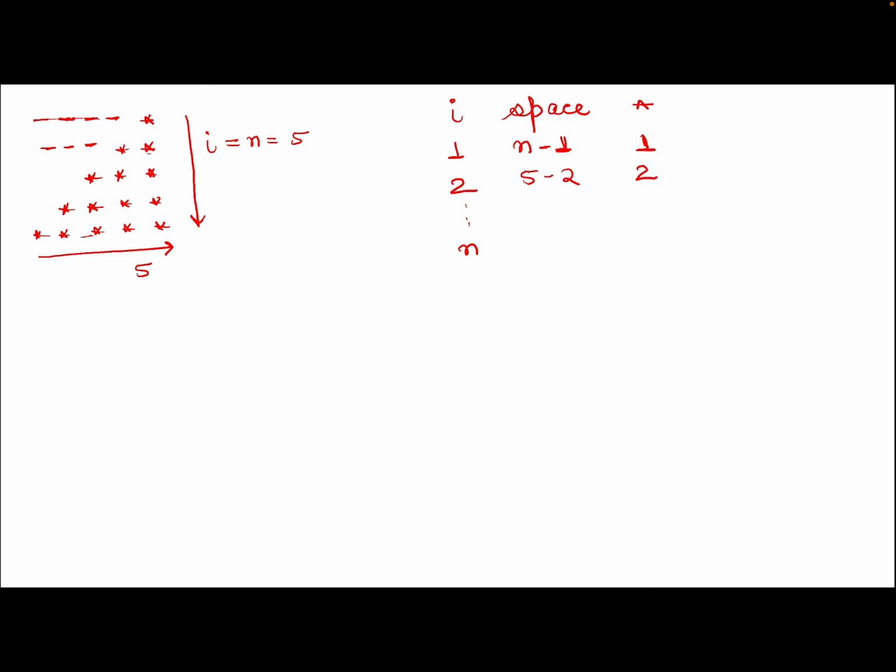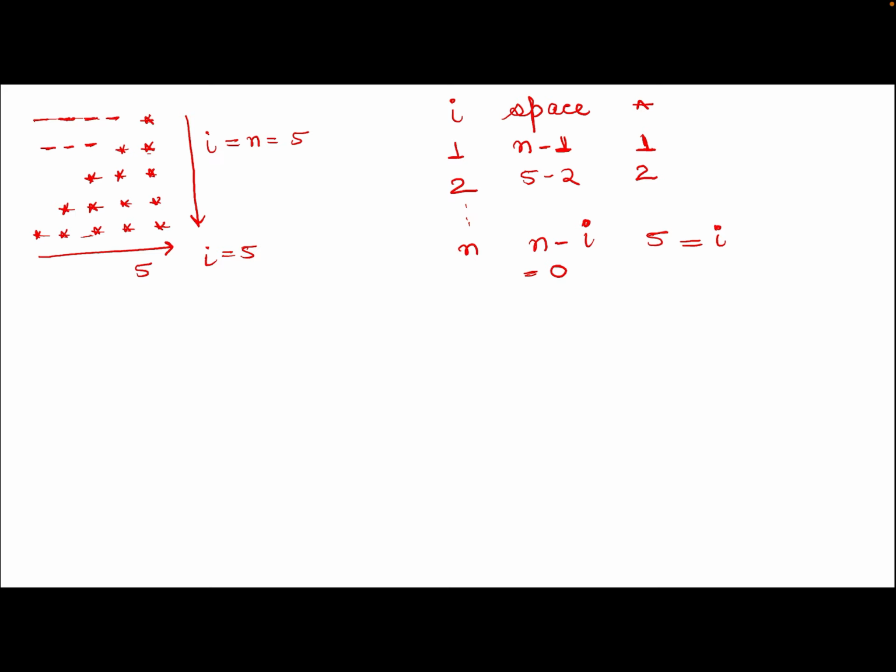So can I say like this, for the ith row, the space should be printed n minus i times, or 0 times when i is 5, there is no space. So there will be no space and I will print only 5 asterisks, which is also equal to i.